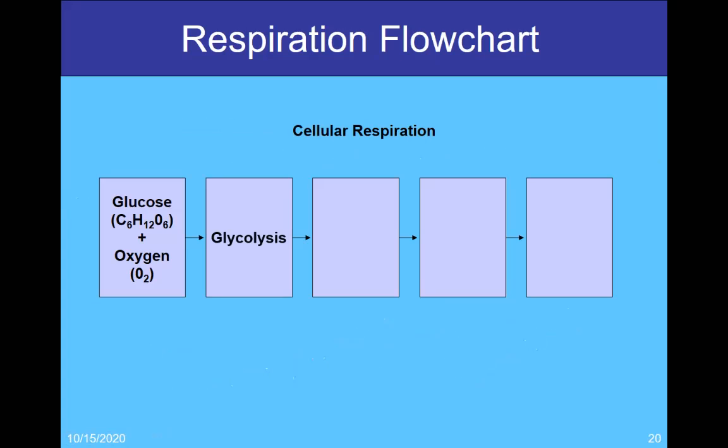Do you remember where glycolysis takes place? That's right, in the cytoplasm. Now your body has a big decision to make. Does it have oxygen or does it not? If it doesn't, it's going to stay in the cytoplasm and it's going to go into fermentation. For you guys, remember that's lactic acid fermentation, not alcoholic.